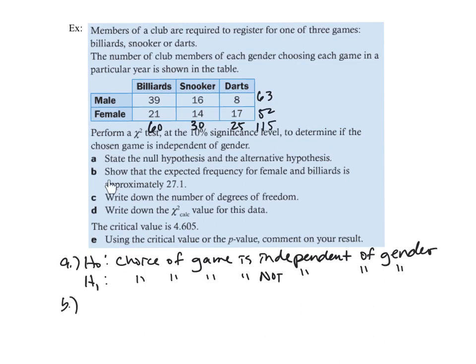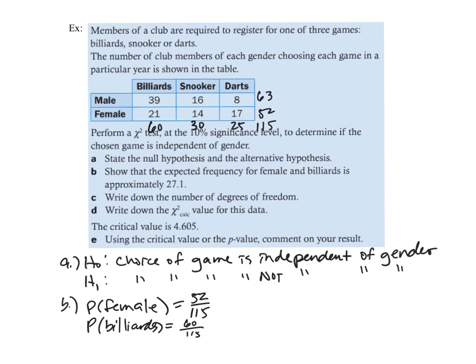Letter B says, show that the expected frequency for female and billiards is approximately 27.1. So let's do that again real quick. Probability of a person being randomly chosen being a female would be, there's a total of 52 females out of 115 people. The probability of a person choosing billiards, again use the table, the total number of people who chose billiards was 60 out of 115 people.